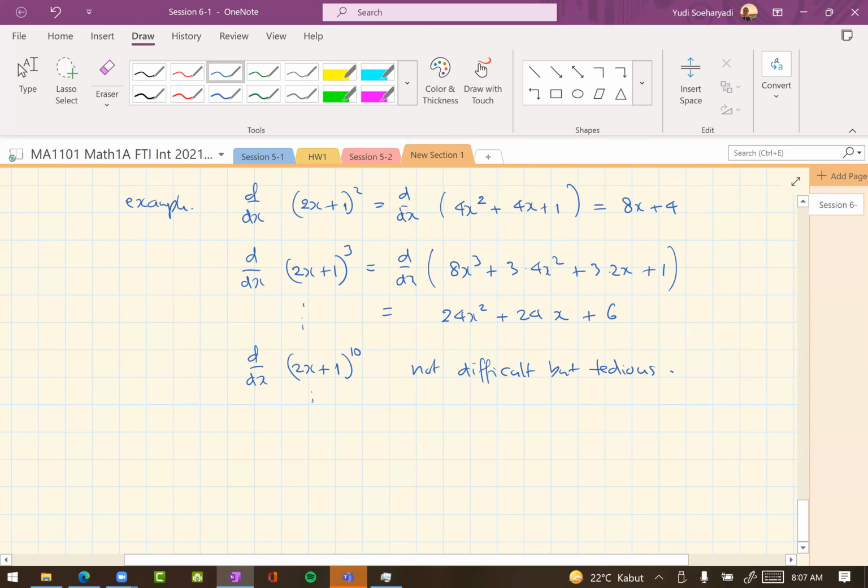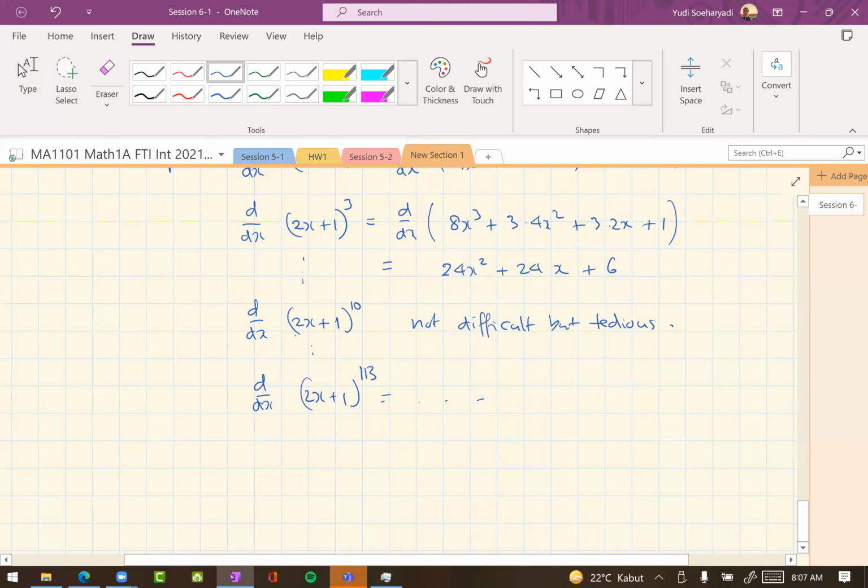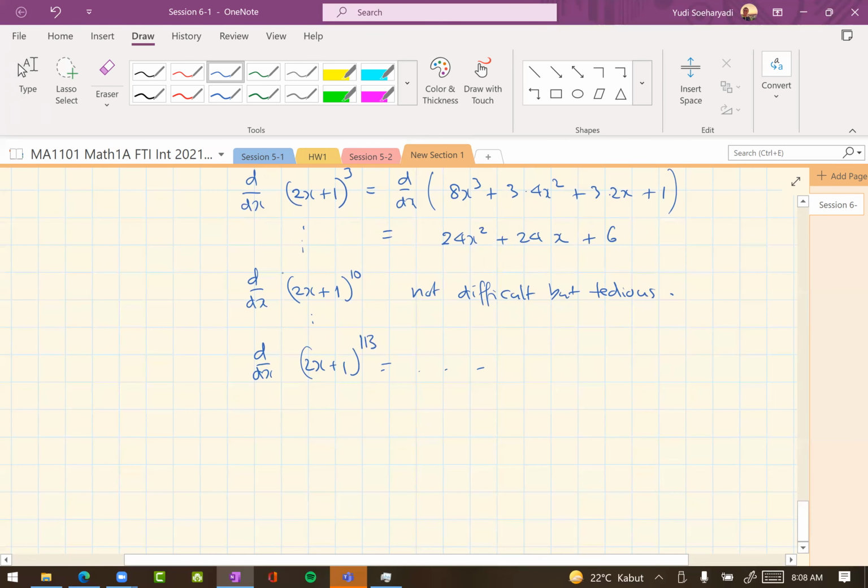Or what about power 113, for example? Again, this is something that we can do, but it will take time because you have to expand this power 113. So we'll try to find if there is a way to compute this more easily.